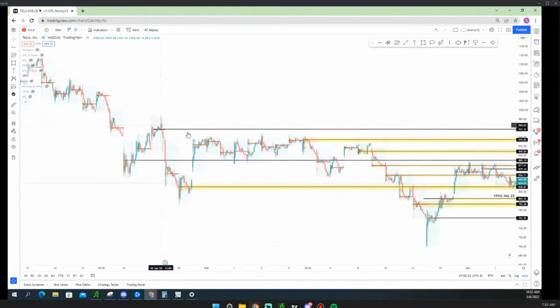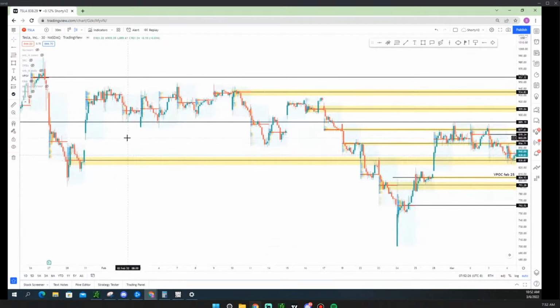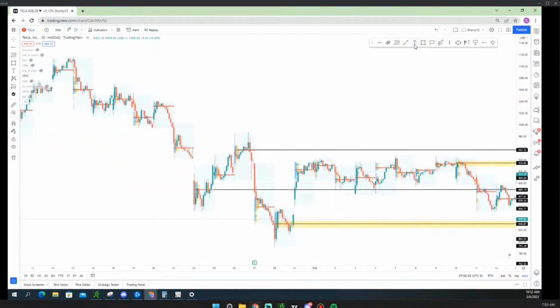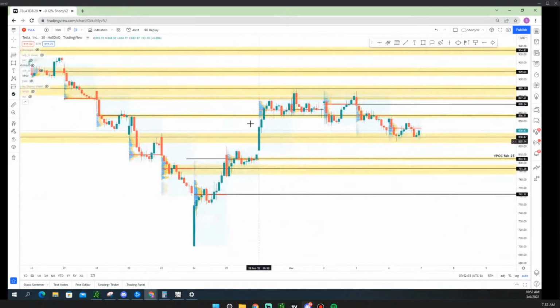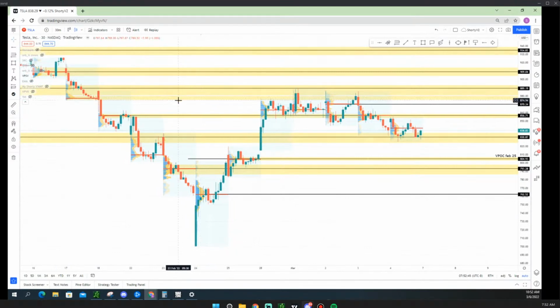Then we had this POC, which was really well respected. And you see the choppiness between these two levels. So most likely 877 you probably delete, because you have a really nice one.